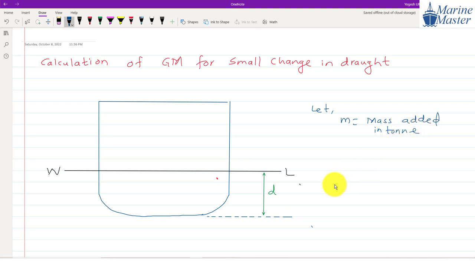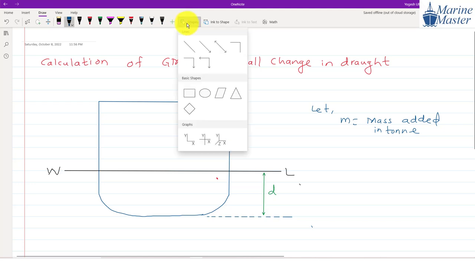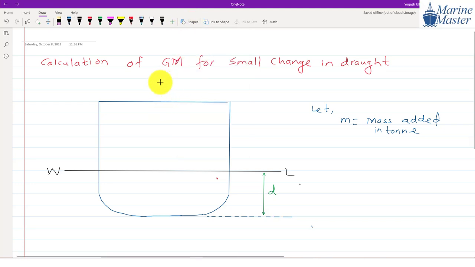When we add a mass, what is going to happen? Regarding the initial center of buoyancy, listen to my words carefully. Don't write anything, just try to see the scenario here.